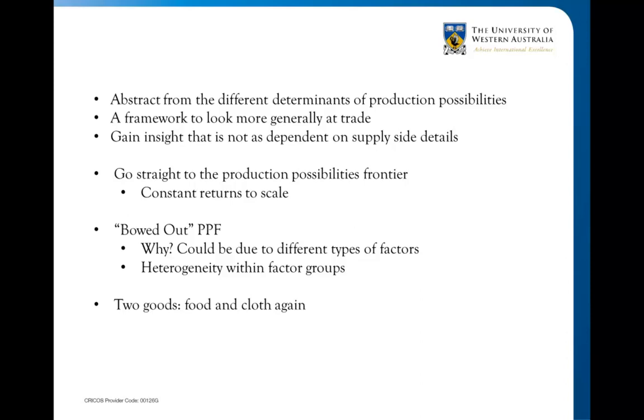Nevertheless, these models do share a number of features, even though they're different in terms of the assumptions that we have imposed on them. Certainly they all have a production possibility frontier, and that summarizes the supply side of our model, in the sense that the production possibilities, what firms can do, relate to supply.